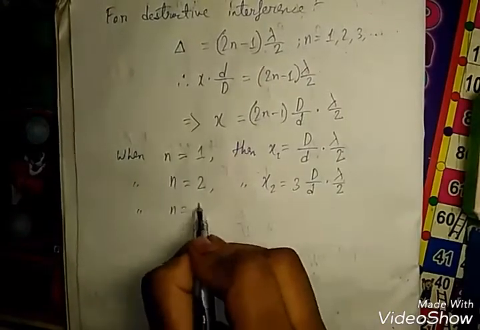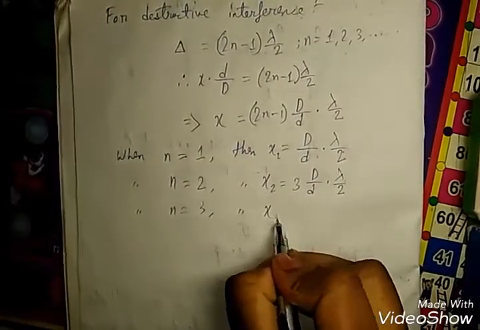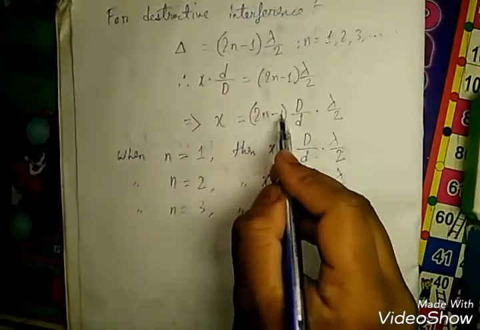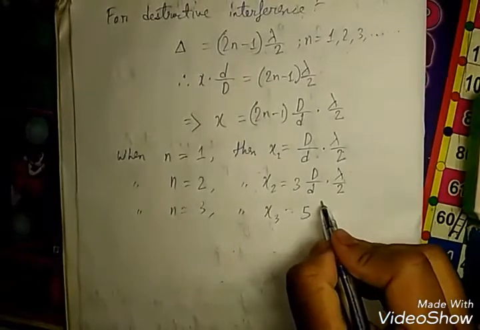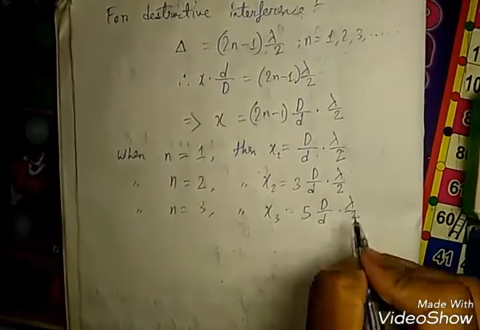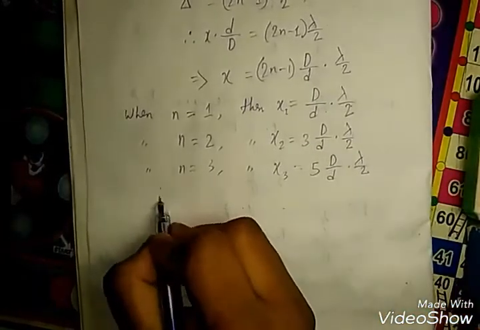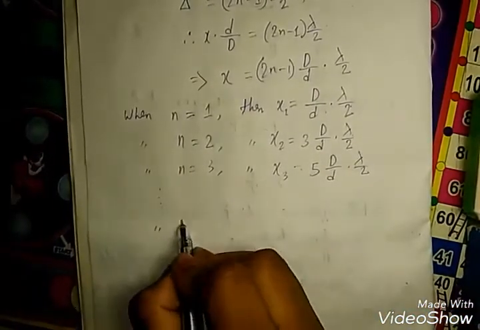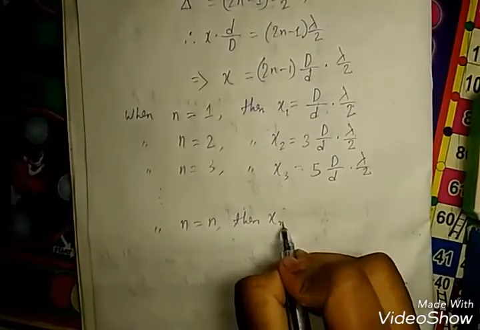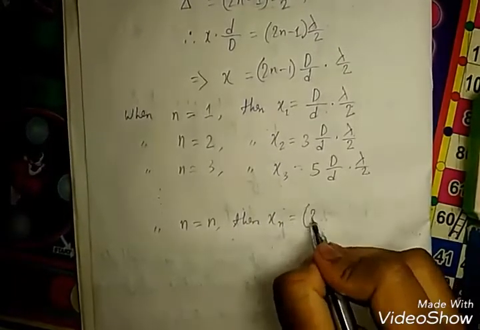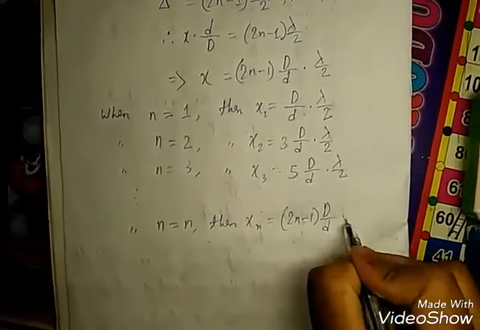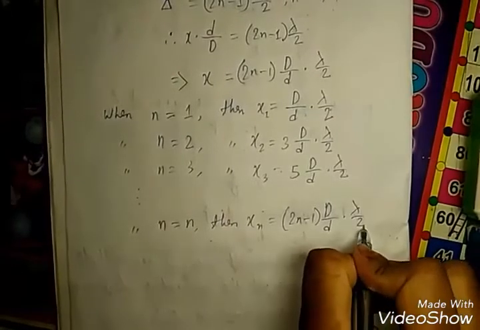When we put n equal to 3, then x3 is equal to 2 threes are 6 minus 1, 5. 5 into capital D by small d into lambda by 2. Similarly, when we go on and put n is equal to n, we get xn is equal to (2n minus 1) capital D by small d into lambda by 2.